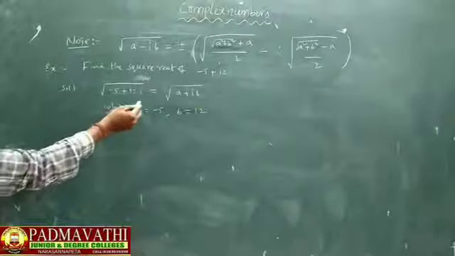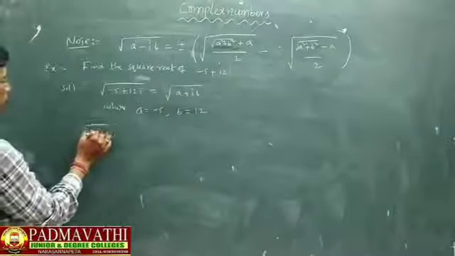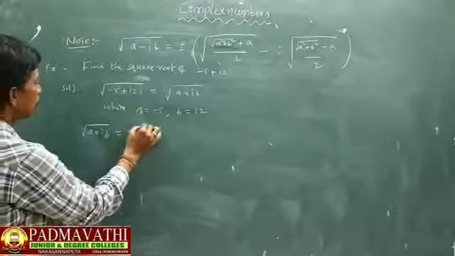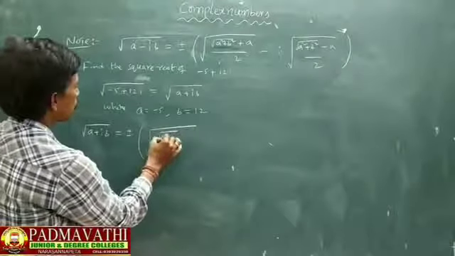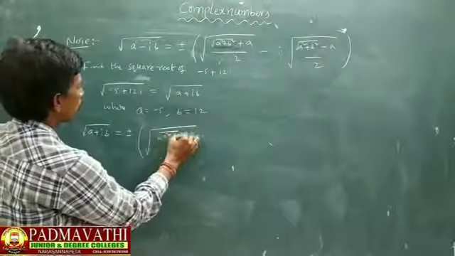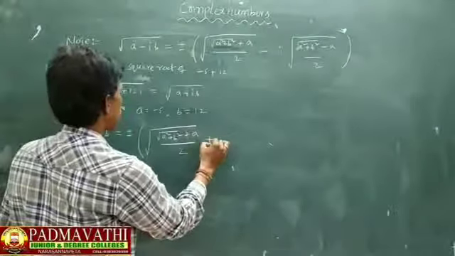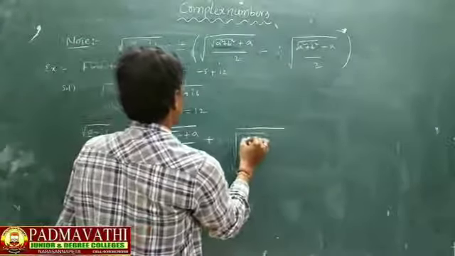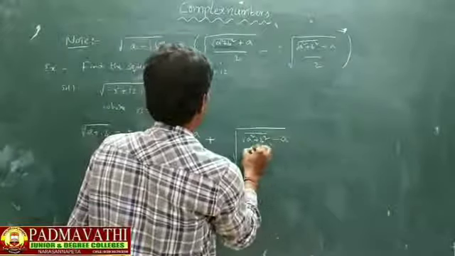What is the square root of a plus ib formula? The square root of a plus ib equals plus or minus (the square root of ((root of a square plus b square plus a) by 2) plus i times the square root of ((root of a square plus b square minus a) by 2)).